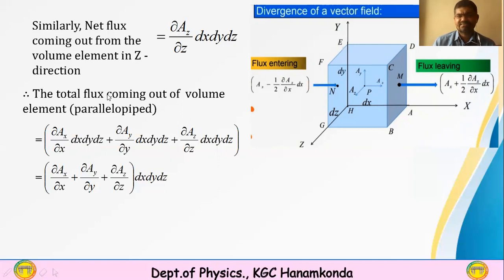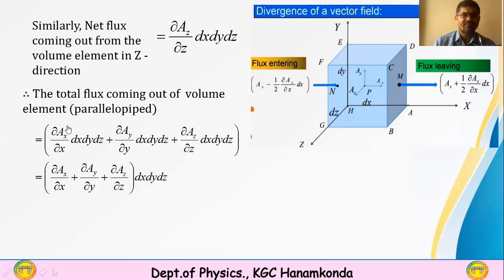The total flux through this parallelepiped element is flux along the x-axis plus flux along the y-axis plus flux along the z-axis. That is given by ∂Ax/∂x dx dy dz, the flux along the x-axis, plus ∂Ay/∂y dx dy dz, the flux along the y-axis, plus ∂Az/∂z dx dy dz, the flux along the z-axis.